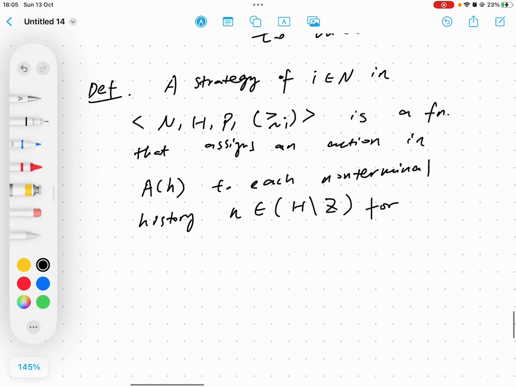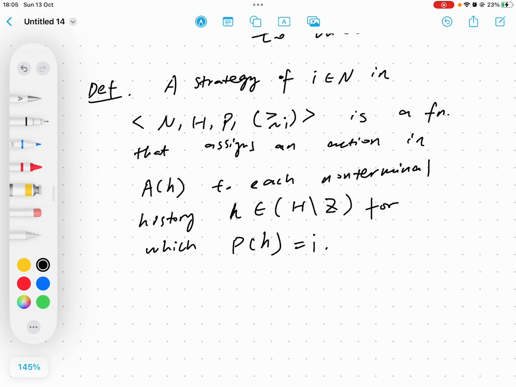And there's a requirement for which this is player i's turn to move, right? So basically, a strategy is simply a function which assigns an action in A(h) after some non-terminal history, and at this history it is this player i's move, right?